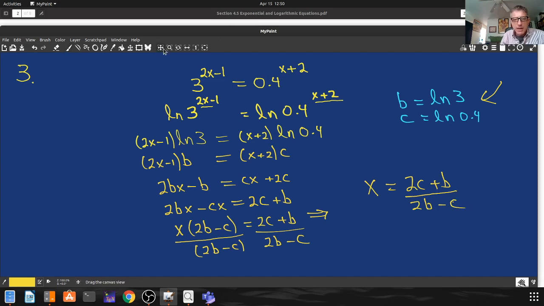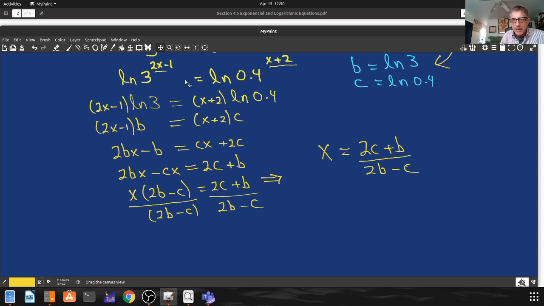But now is the time to go back in and replace my variables with what they are. So x is equal to 2 times the natural log of 0.4 plus the natural log of 3, divided by 2 times the natural log of 3 minus the natural log of 0.4.